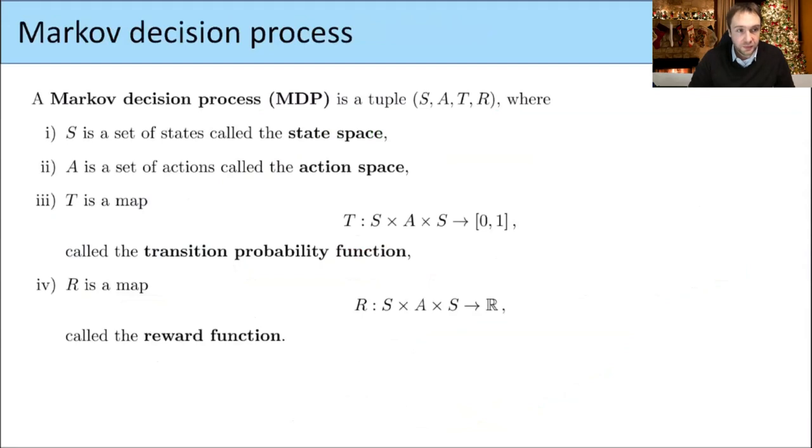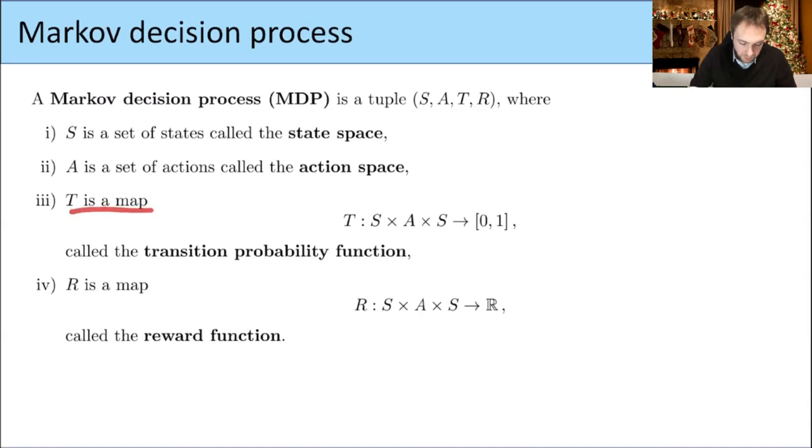This general setup is usually described by the Markov decision process, which was a tuple of 4 things. We had the set S, the set of states. Then we had the set A, the set of actions. And then T and R were 2 maps.